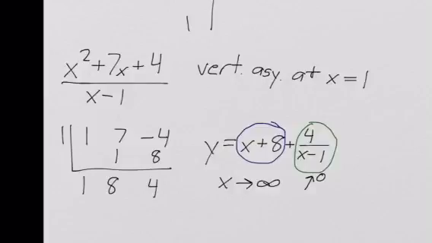So in this case, I'm just going to say a non-vertical asymptote at y equals x plus 8. In this case, by the book's terminology, that's going to be an oblique asymptote. But for my purposes, just saying non-vertical will be sufficient.